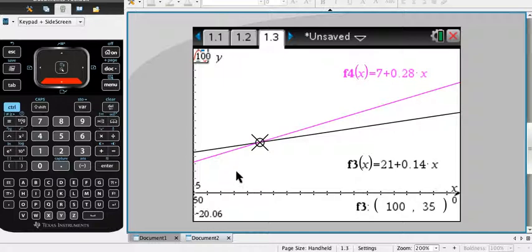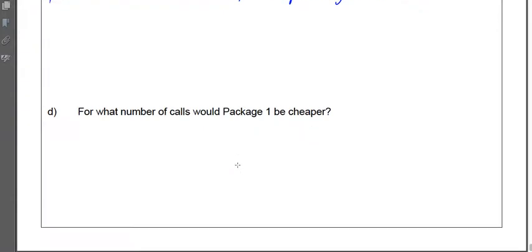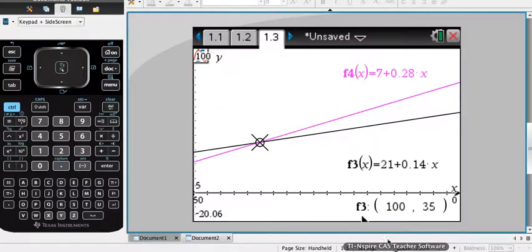Okay, final question now. It's saying, for what number of calls would package 1 be cheaper? So if I look at the graph again, package 1, now that was the one that was 21 plus 0.14, wasn't it? So package 1, if we look before the point of intersection, it has a higher cost.